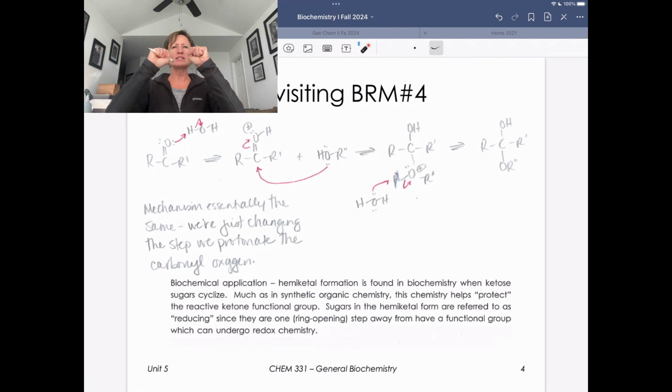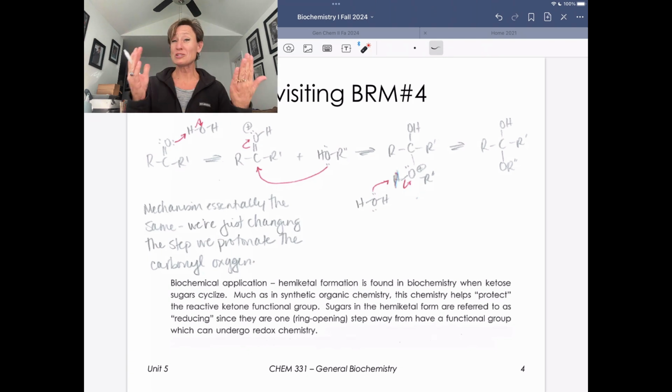When you cyclize your sugar, you are knotting your shoelaces. They can come untied fairly easily unless you double knot them. Double knotting them is the equivalent of making them into an acetal or a ketal. Tying your shoelaces, or cyclizing your sugars, is a way of making them into the hemiacetal or hemiketal form.